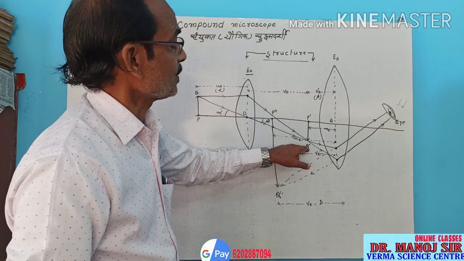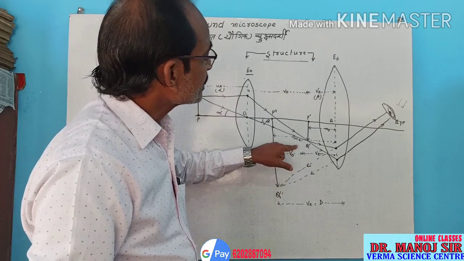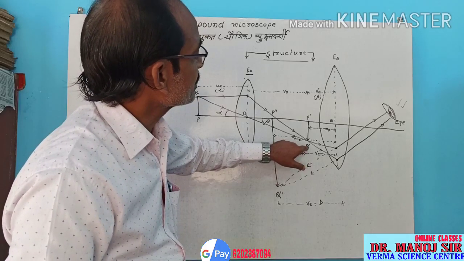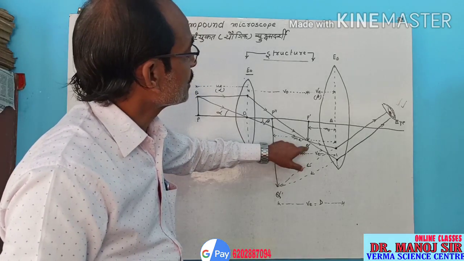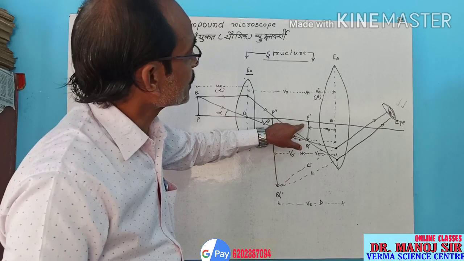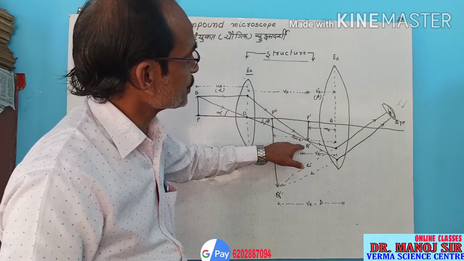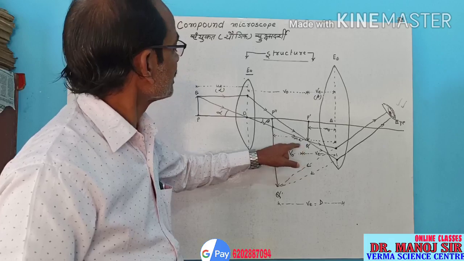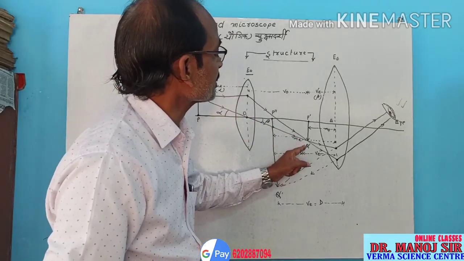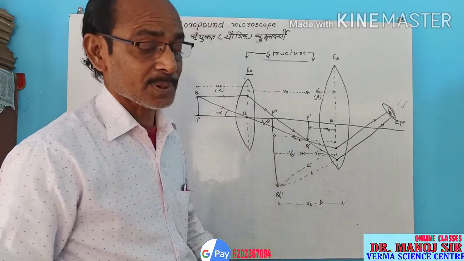Now, from the Q dash, we have draw a perpendicular P dash Q dash, which is the image of the object, that is the first image.